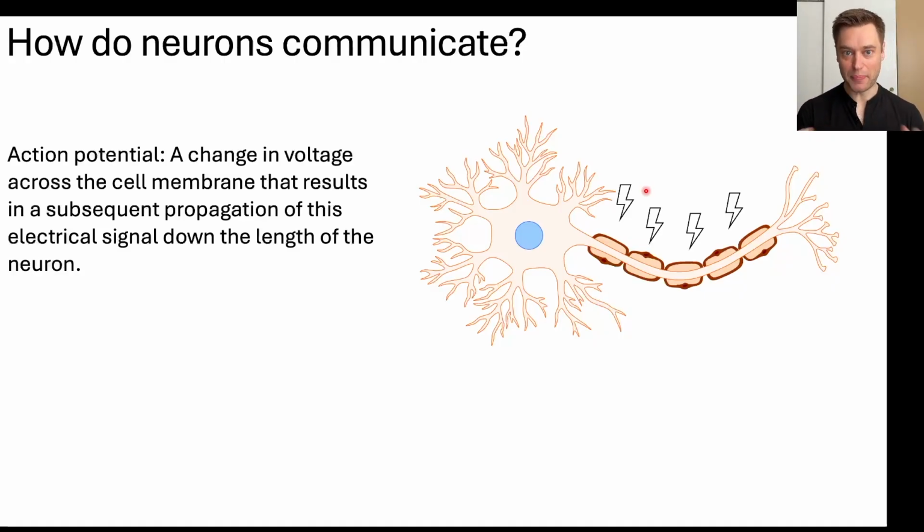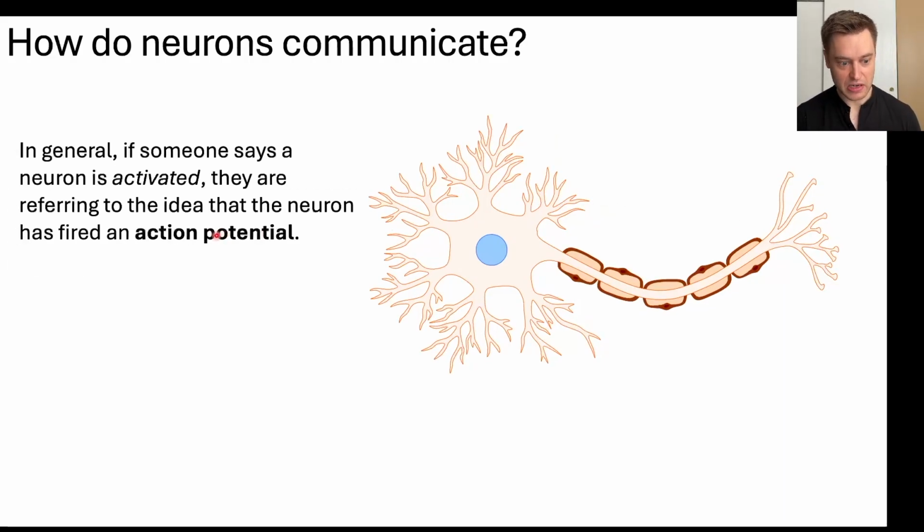It gets very complicated, the nuance in the way that scientists are referring to various properties that they're measuring. But in general, if someone's saying a neuron is activated, they're talking about that neuron firing an action potential. If they're talking about inhibition, they're saying that neuron is less likely or is being stopped from firing an action potential.